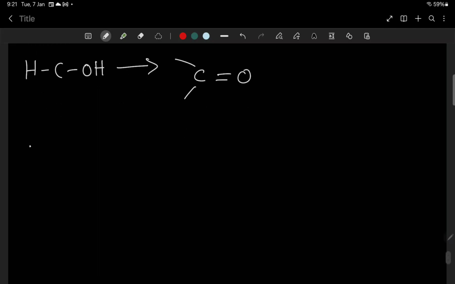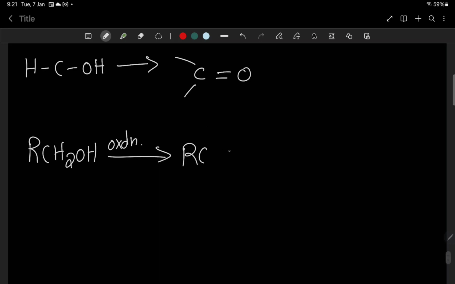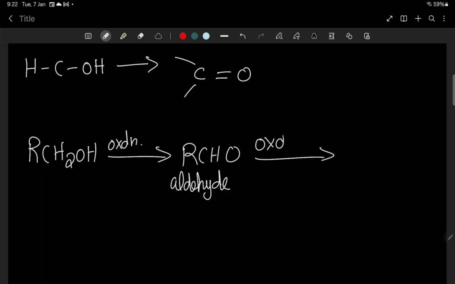So what is happening here is that we are taking an alcohol, CH2OH, and oxidation happens. We get a CHO, an aldehyde. Now if oxidation happens once again, we get carboxylic acid.